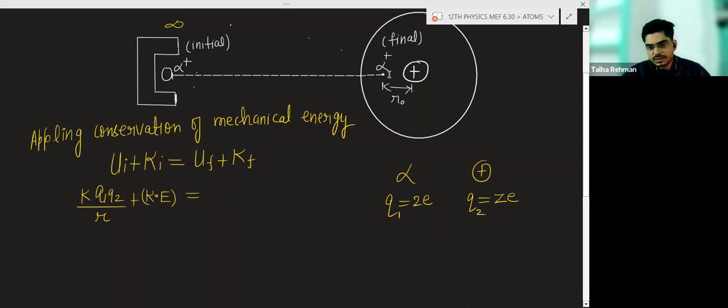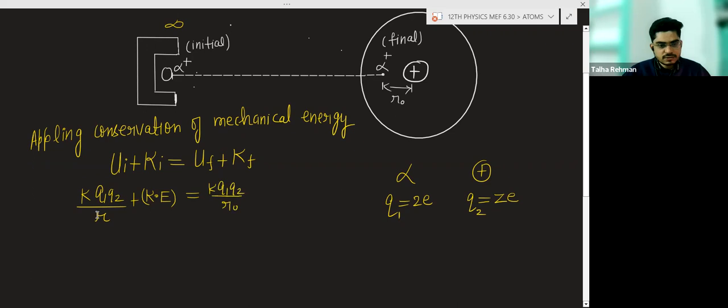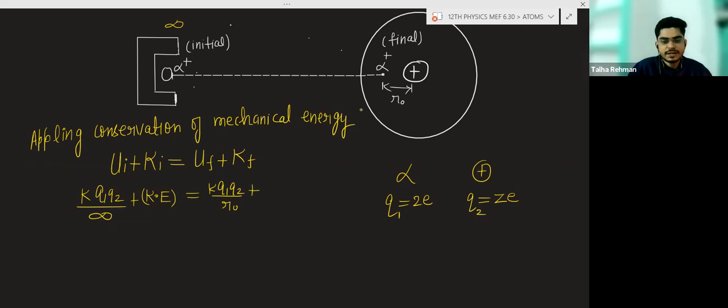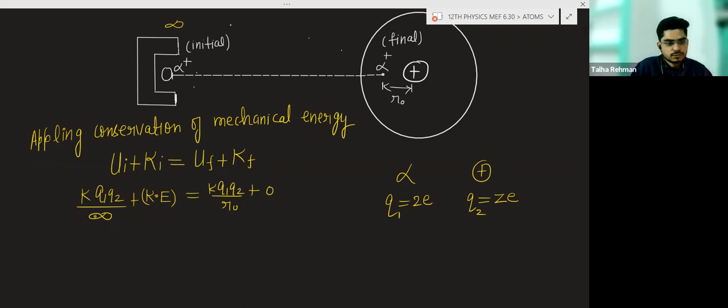Finally, the alpha particle is here, the nucleus is here, and the distance between these two is R naught. So it will be K Q1 Q2 divided by R naught, and this distance will be infinite. Plus, finally, the alpha particle will be at rest, so the final kinetic energy is 0, and 1 by infinity is 0. I told you that, so this value will become 0.